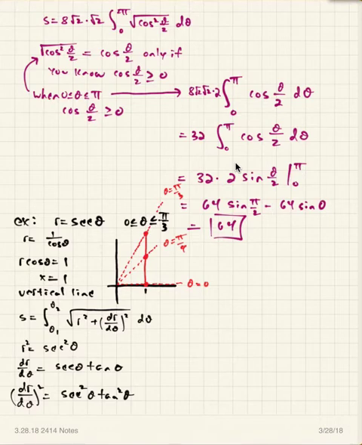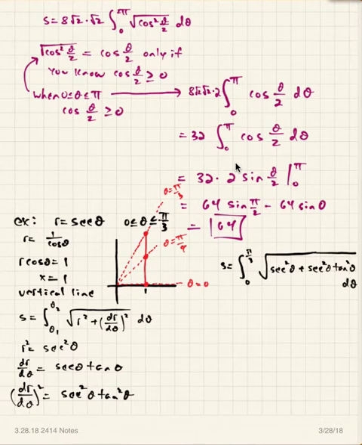And so our arc length integral becomes, arc length is equal to the integral from 0 to pi over 3, because those were the limits we were given, times the square root of r squared, which is just secant squared theta, plus dr d theta squared, which is secant squared theta tangent squared theta. That's all under the radical, and then I'm going to squeeze in my d theta here at the end. And this ends up working out fairly nice, because I can factor out a secant squared underneath the radical.